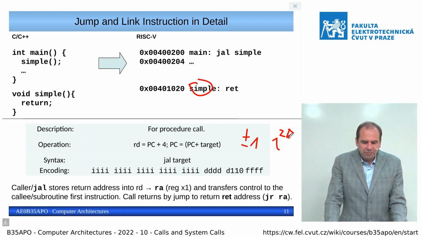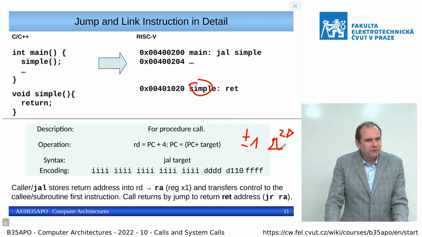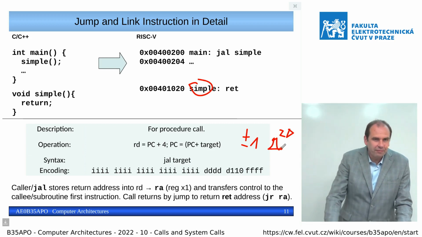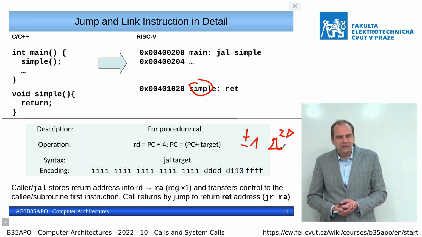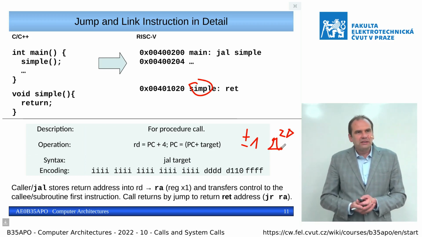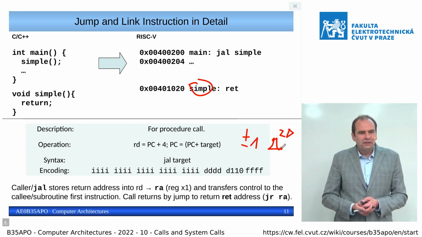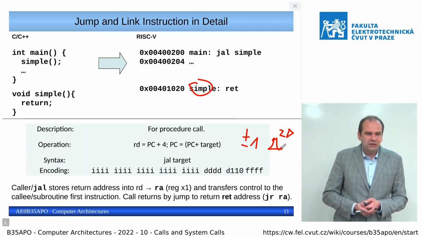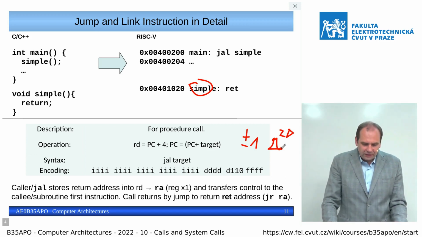So it is plus minus 2 to 20, which is something like 1 megabyte in the plus and minus direction. If you have some code which is further than this distance, then it is necessary to first load the address of that function into some register and then call it through the address in the register.